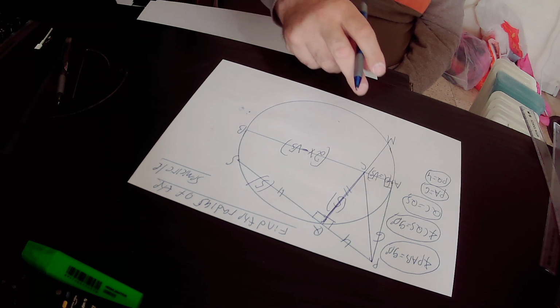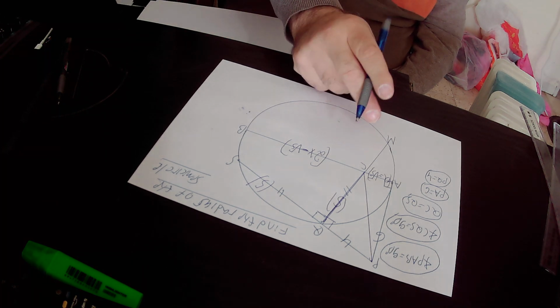Here we will define the length of line segment CM as b.